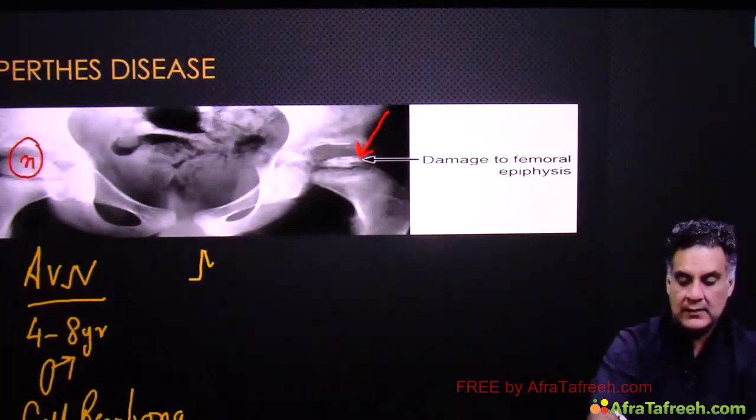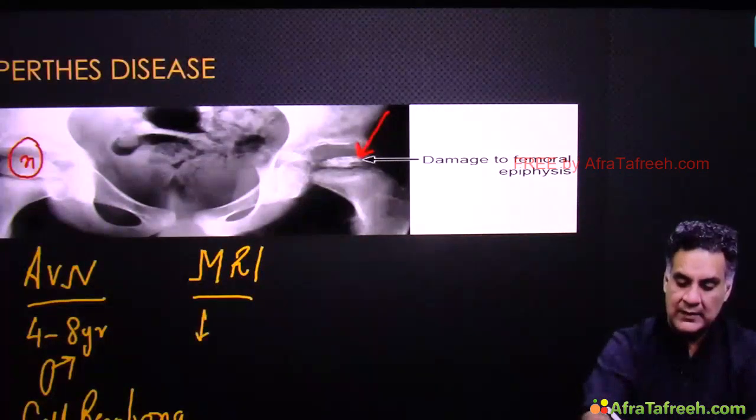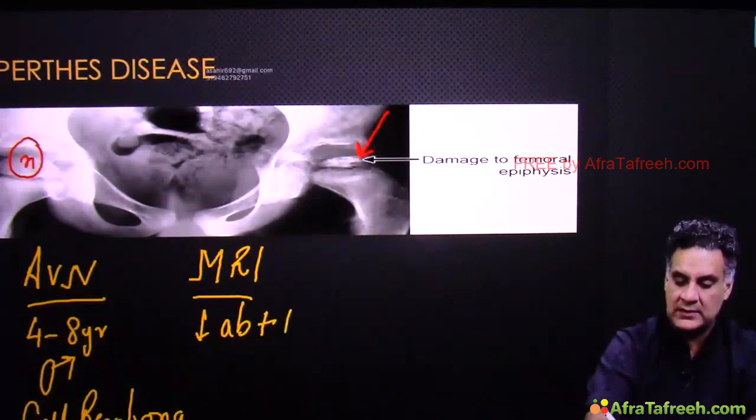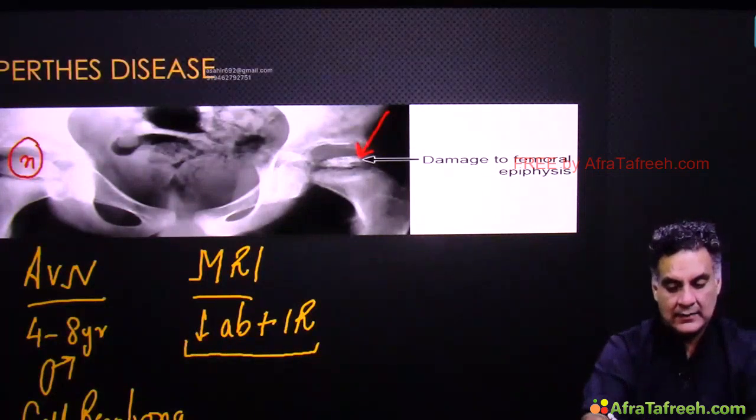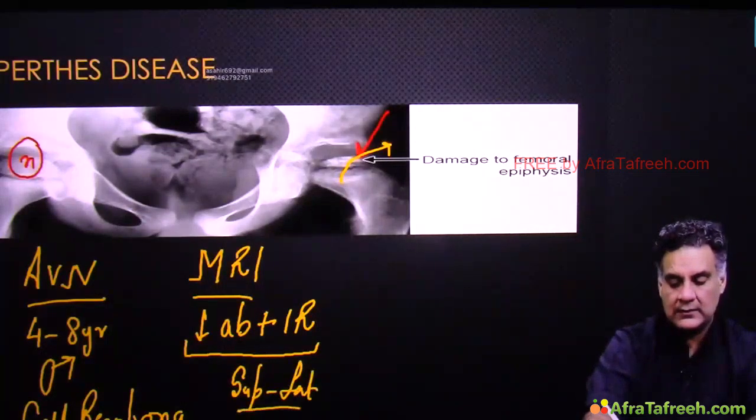It can be picked up in early stages by MRI, which can be initially normal. You have limitation of abduction plus internal rotation. There will be an axis deviation, and the head will migrate superolaterally, causing uncovering.